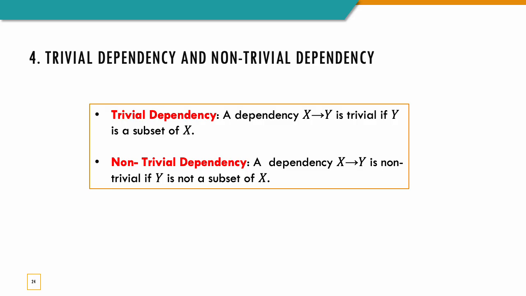A dependency X towards Y is called trivial if Y is a subset of X. This means that the dependent attributes of Y are already contained within the attributes of X. Trivial dependencies are not meaningful because they don't provide new information, to be honest.